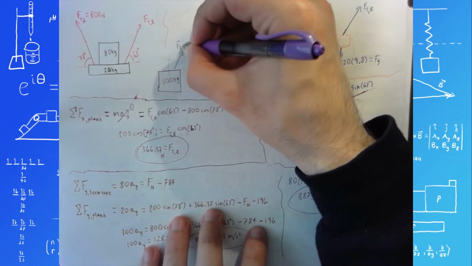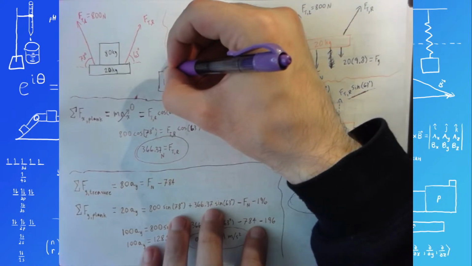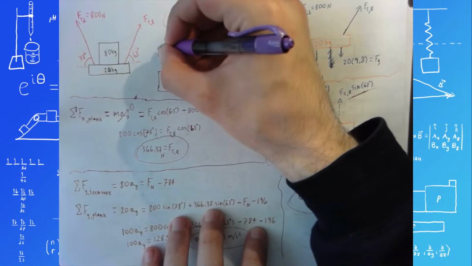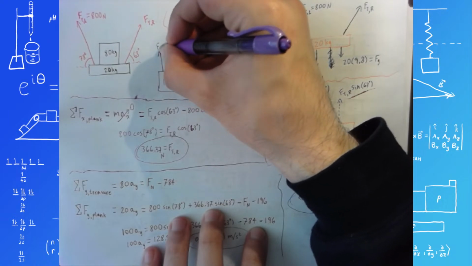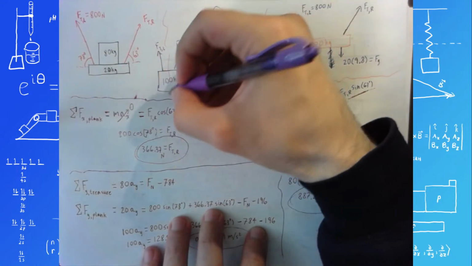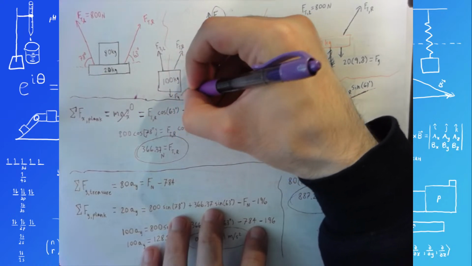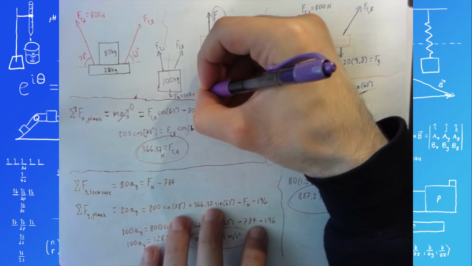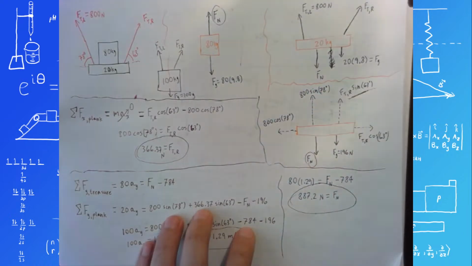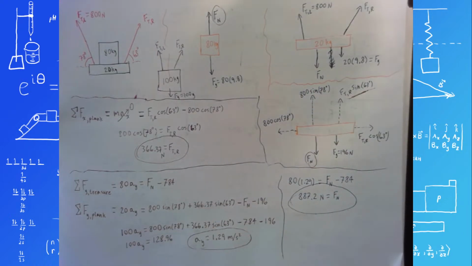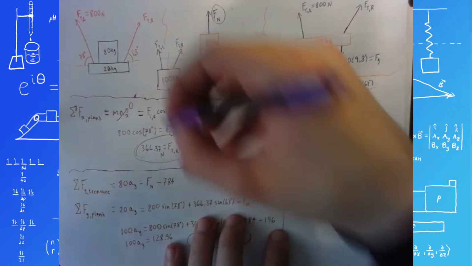Force of tension right, force of tension left, and a total force of gravity equal to 100 G. And if you did your math with just that, you would get an equivalent result.